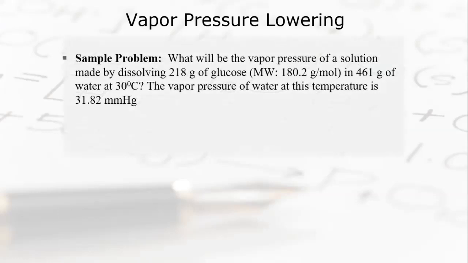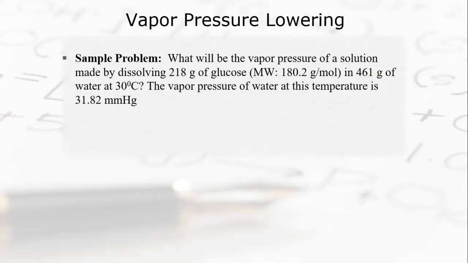Question: what will be the vapor pressure of a solution made by dissolving 218 grams of glucose, and there's the molecular weight of glucose, 180.2 grams per mole, in 461 grams of water at 30 degrees Celsius?